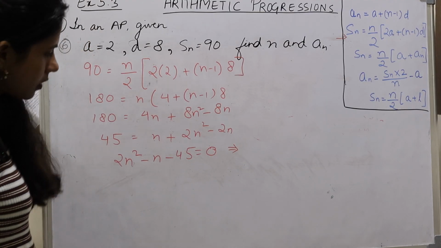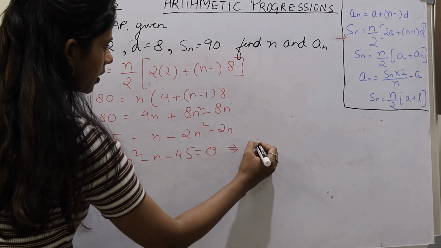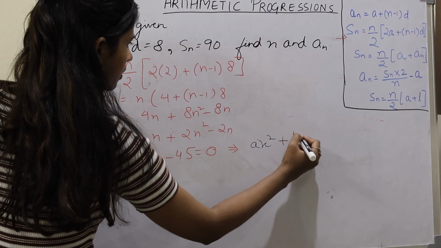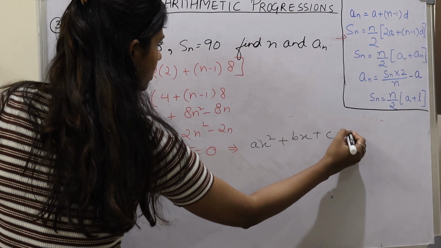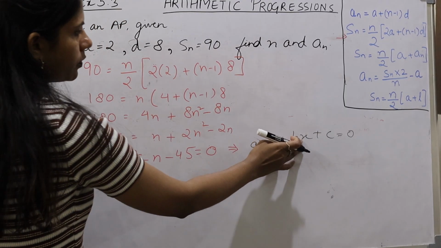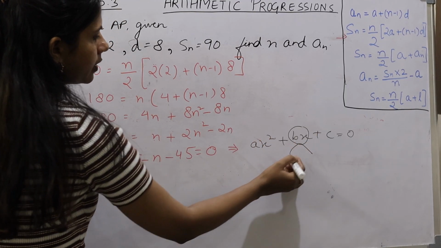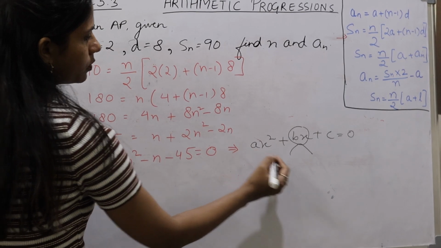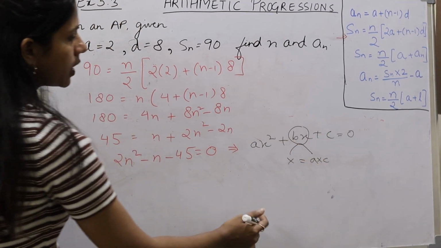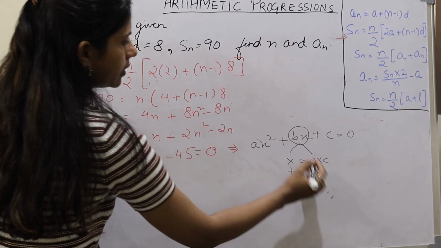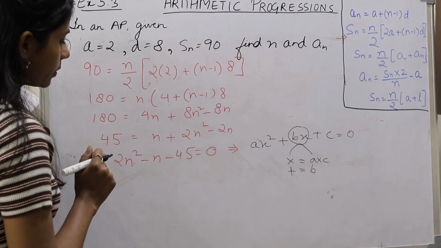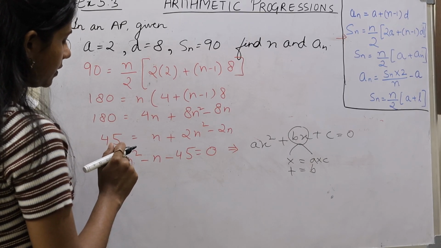Basically, it is in the form of ax square plus bx plus c equal to 0. Okay. So we have to break this in a way that the multiplication is equal to a into c, and the addition is equal to b. All right. So for this one, let's see what the values can be.